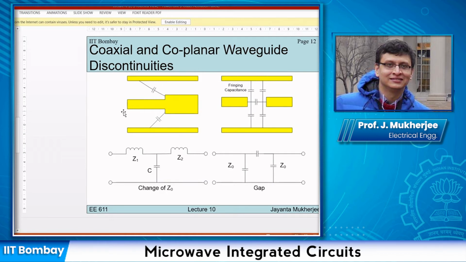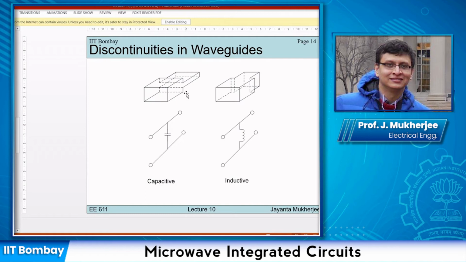Now these discontinuities can also be modeled just like this one, where we had this discontinuity connecting two different transmission lines with two different characteristic impedances. Similarly, even for waveguides, we can have discontinuities which connect two different waveguides having two different characteristic impedances.